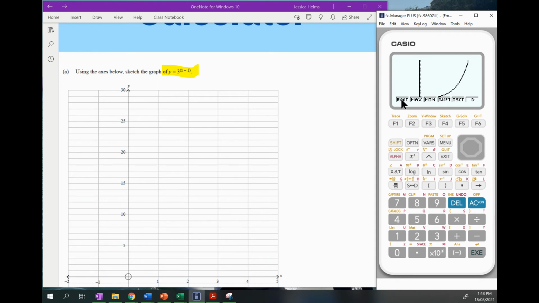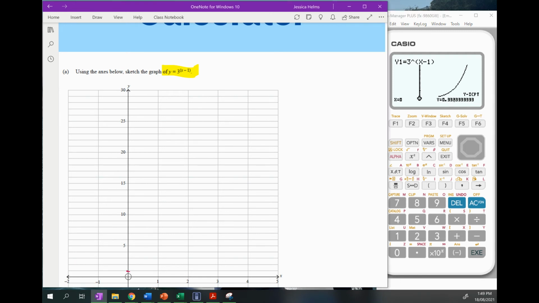I don't have a root because in this case it doesn't pass through the x axis, but it does always pass through the y. So we can press F4 for the y-intercept, and that should find the y-intercept for us. In this case, our y-intercept is at 1/3. It looks like each of these tick marks is 1, so it's quite low down here. So we can put that in. That's our first mark there.